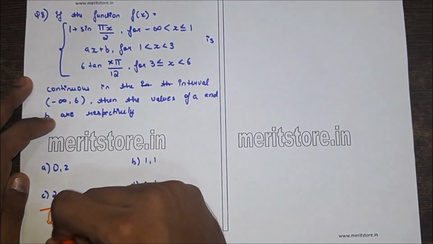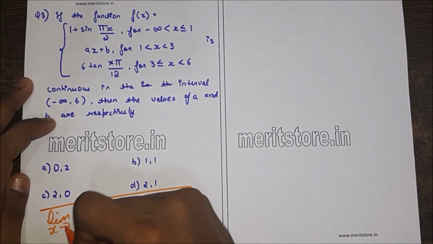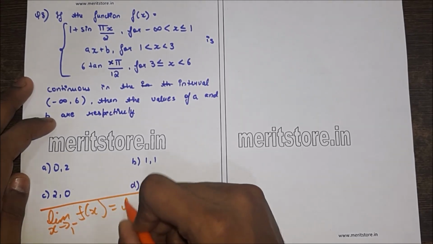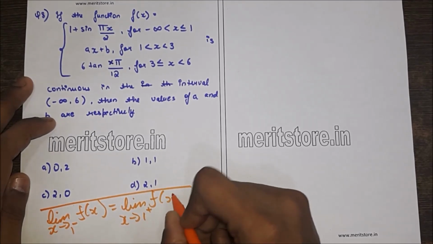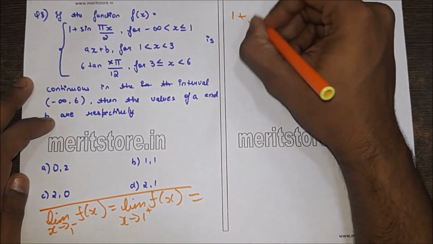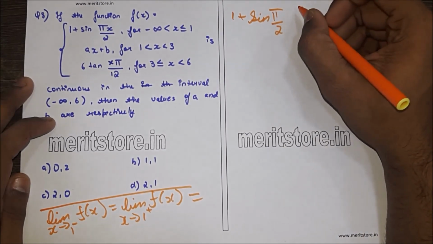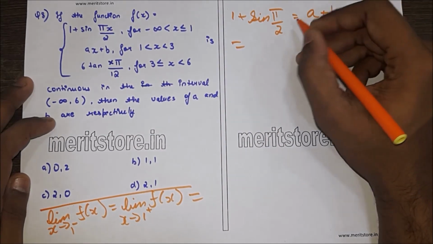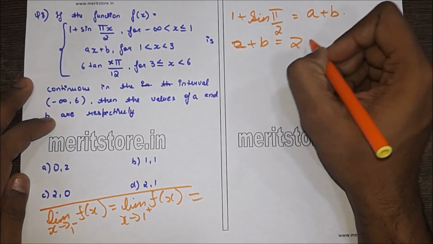So we can write the limit as x tends to 1 minus of f of x is equal to the limit as x tends to 1 positive of f of x, that gives us 1 plus sine pi by 2, which can be written as a plus b, and therefore a plus b is equal to 2.